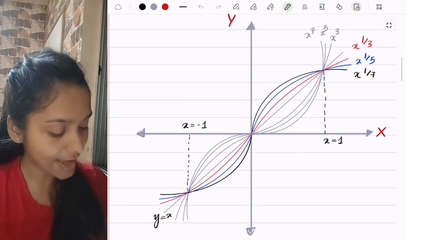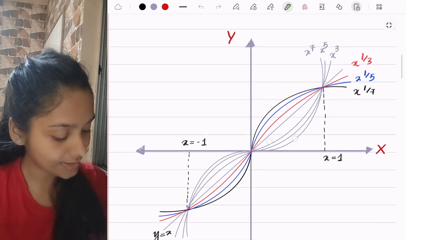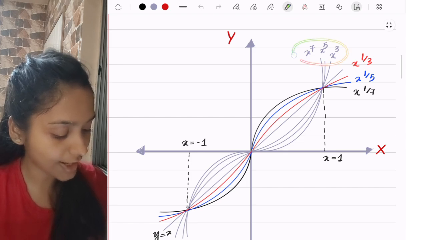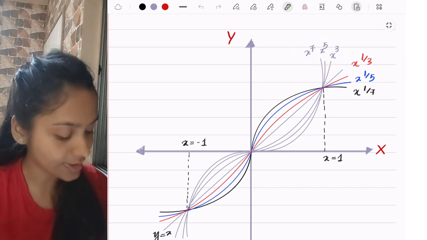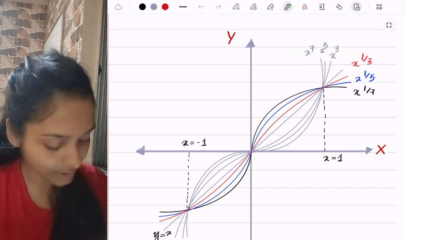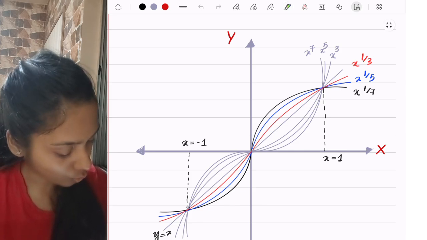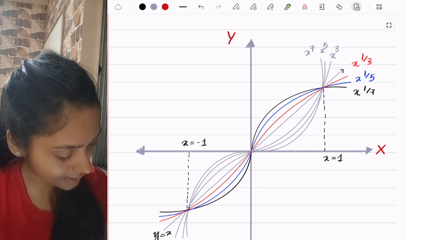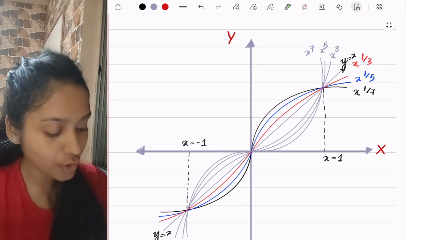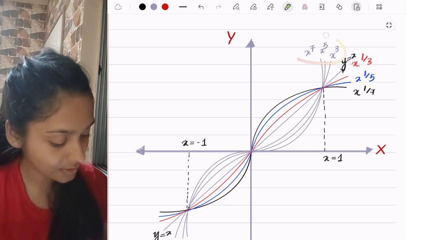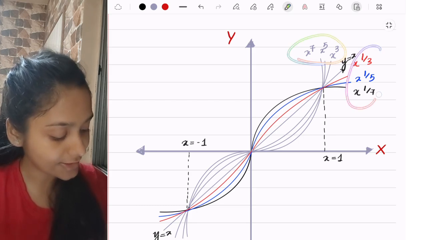Here I have already plotted these known functions, which are x cube, x power 5, x power 7, and the y equals x straight line. By using the mirror image of these curves, we will get these curves.